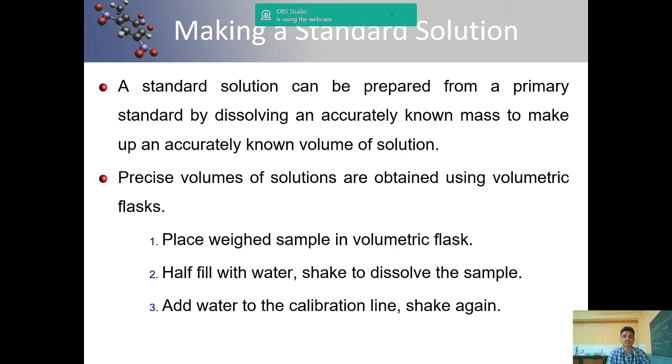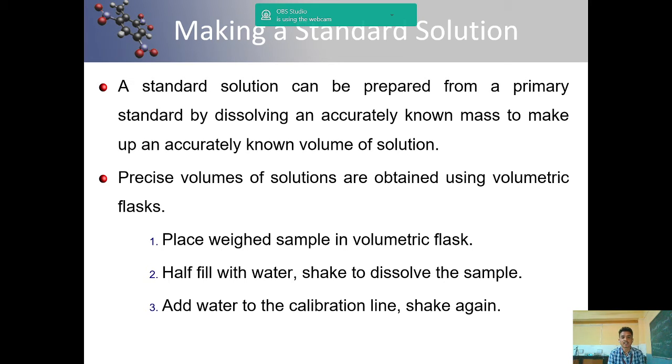Because we have to make a standard solution when we are performing volumetric analysis. And for making a standard solution, what you have to think about, or which kind of precautions you have to take when you are making the standard solution. So we can say the standard solutions can be prepared from primary standards.